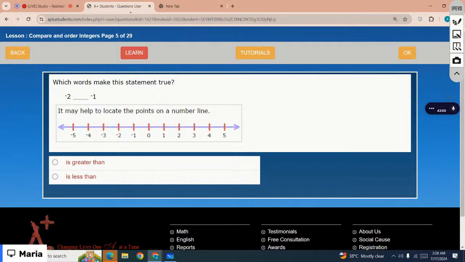Yes, -2 is again less than -1. Option number 2 is the correct option. Very good.